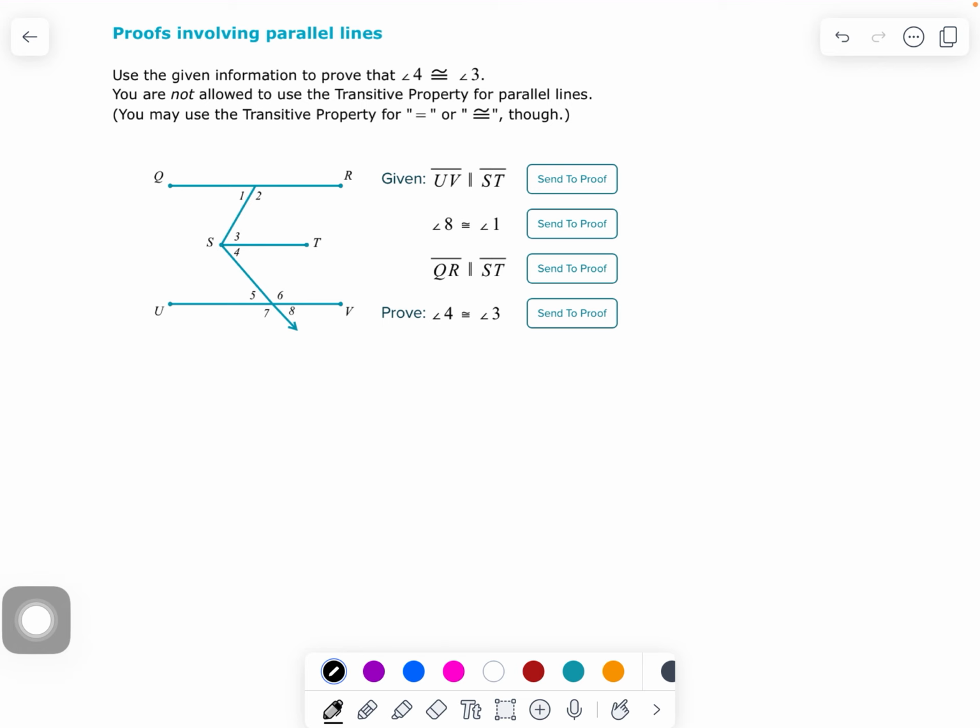So, now that we've got that rule, the only way that you can prove parallel, in fact, if you want to write this down in your notes, only way to prove parallel is with angle relationships.